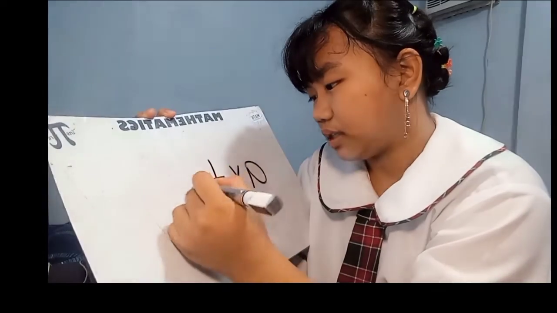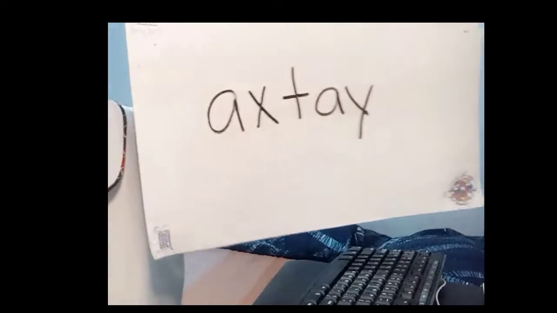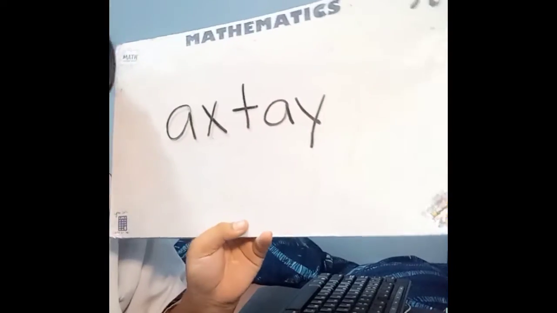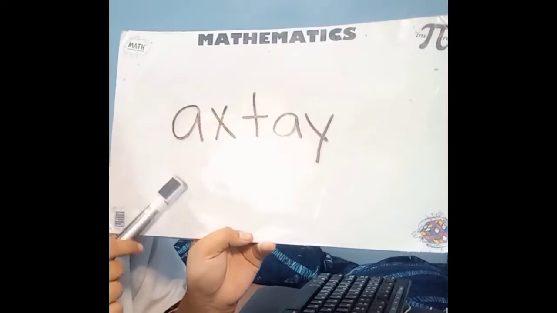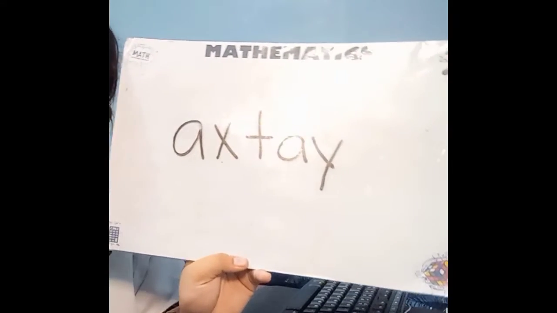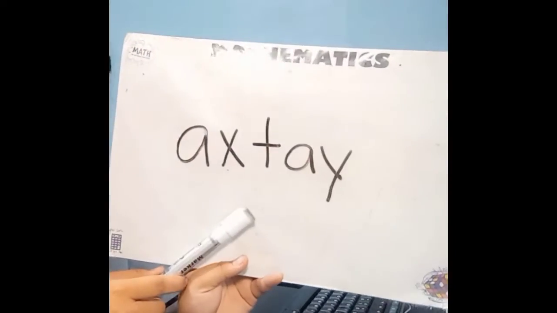ax plus ay. So this is very easy. The first thing that you need to do is find the GCF of all the numerical coefficients. Since we don't have a numerical coefficient here, we're going to find the GCF of the literal coefficient, which is the variable.